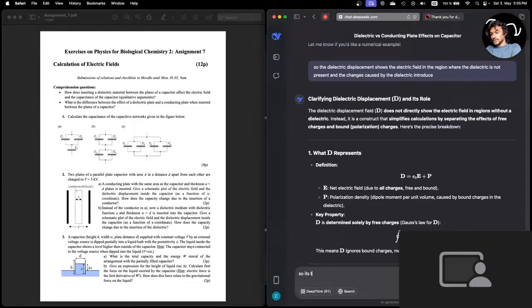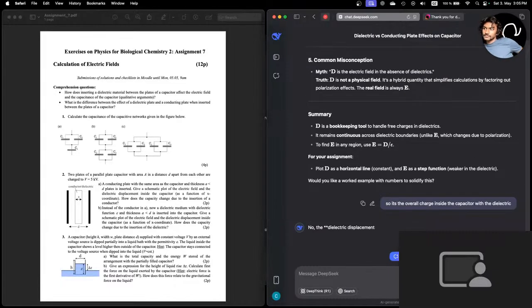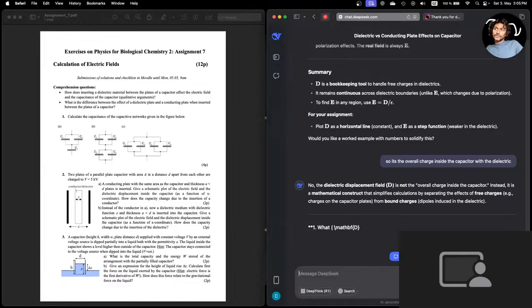No, the dielectric displacement is not the overall charge inside the capacitor.